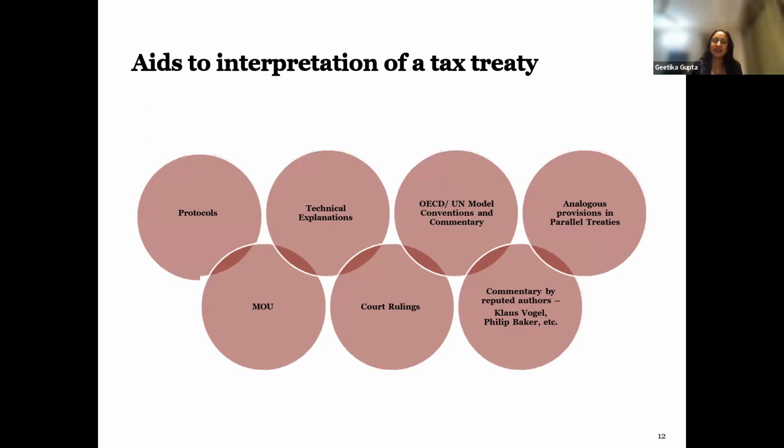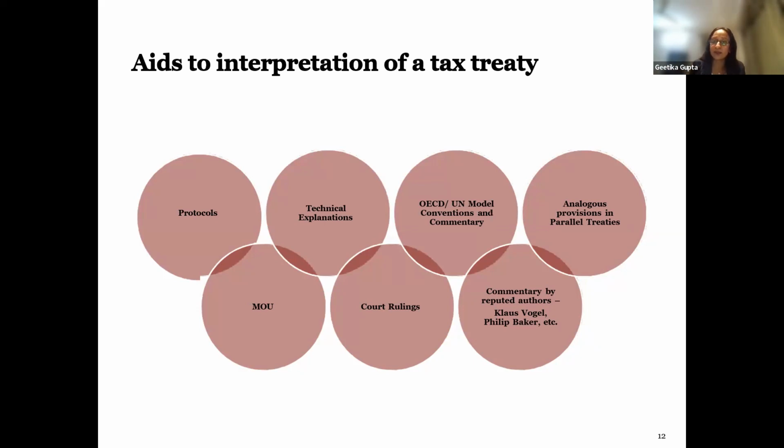Again, how we will link it is, see, practically when we interpret a tax treaty, let's say we have to examine a clause of a PE. When we will be discussing in the ensuing slides, we will be talking about it. Like in case of an agency PE, sometimes the treaty talks about a dependent agent constituting a PE if it secures orders. Now, let's say securing orders is not defined in a particular treaty.